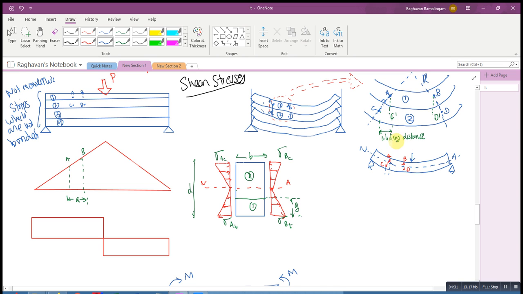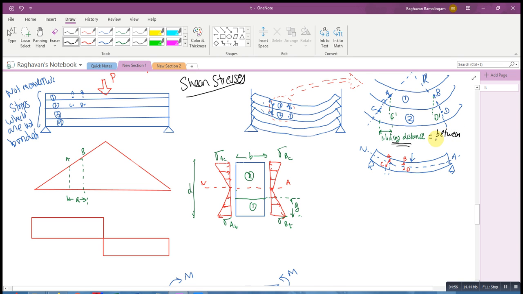So this point C should have been here, but it's not over here anymore. It's lying at some other point, and this distance, between where it should have lied and where it is actually lying, is the distance over which the two strips slide over each other. So this is the sliding distance between the two strips.